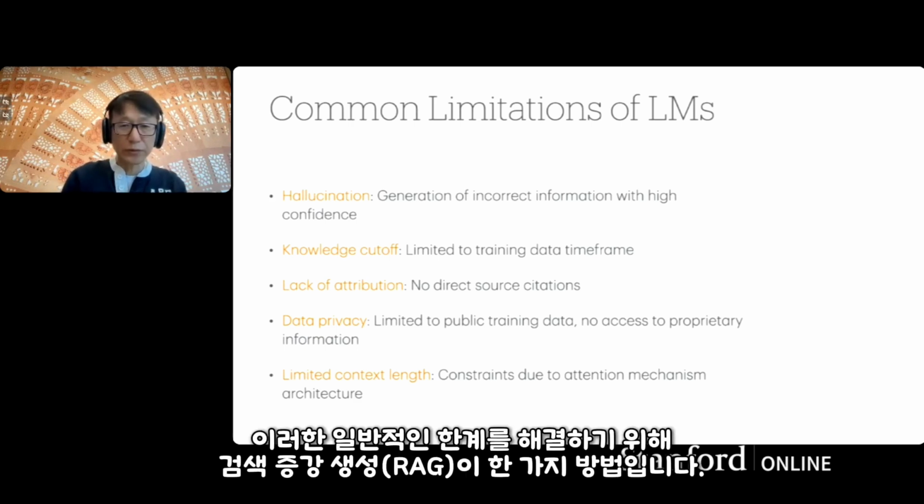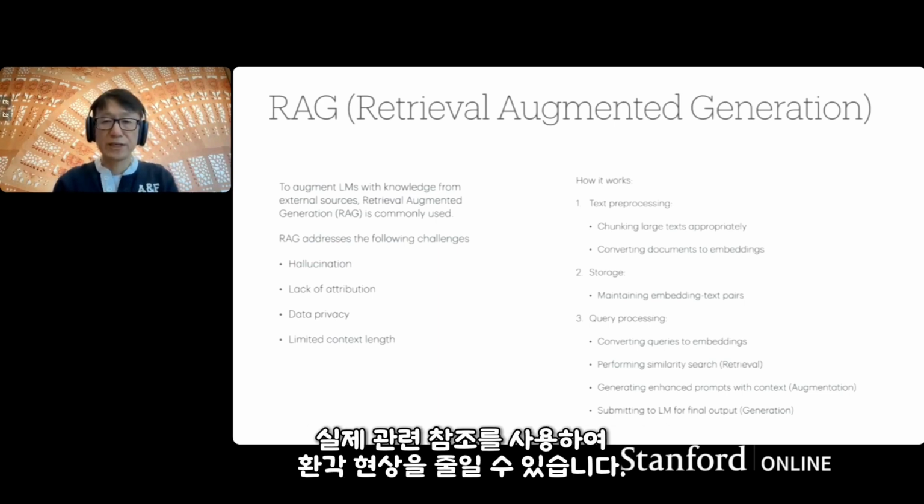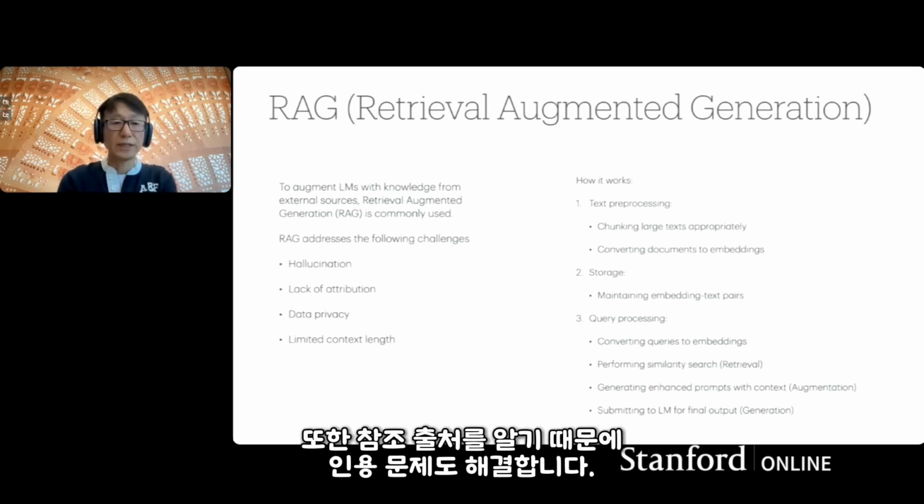So in order to address these common limitations, retrieval augmented generation is one way to handle this. It could reduce hallucination by using the actual relevant reference. It also addresses citation, because it knows where the reference is coming from.